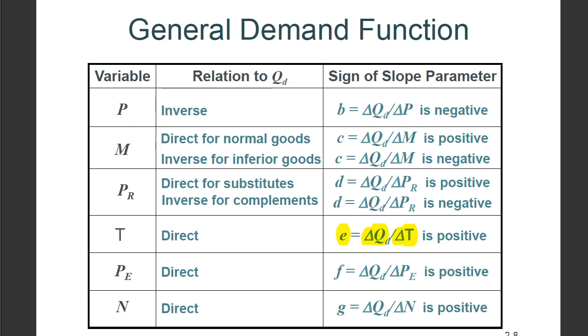Again, we talked about future prices. If the future price is positive for a good, that's a normal good, then anticipating the future price being high, people will buy more of it today, so that's why it's positive. And if there's more consumers, so for every unit of more consumers, you expect more quantity demanded. Okay, so that's the demand. That's what we expect.